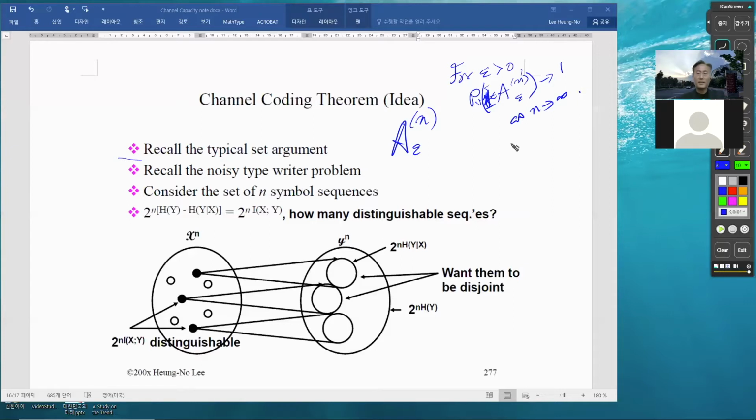So that is the key idea, the convergence in probability idea of the typical set.